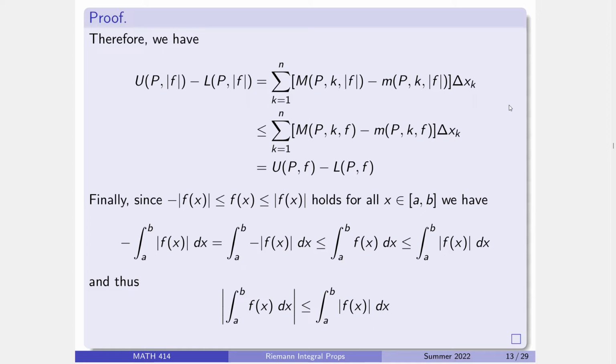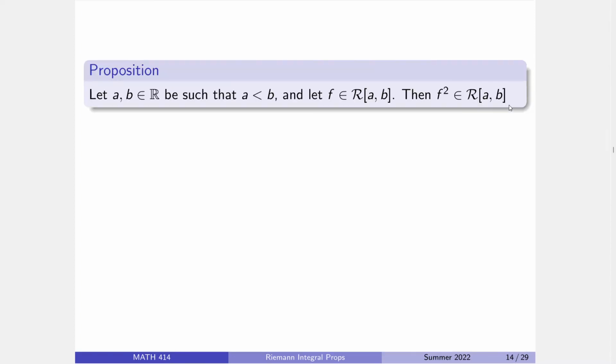Now again, remember our big goal, the thing we're really after is proving that the product of any two Riemann integrable functions remains Riemann integrable. So we're doing that next, right? Almost. It turns out we're going to have a much better time, instead of going after products, going after linearity and then going after squaring.